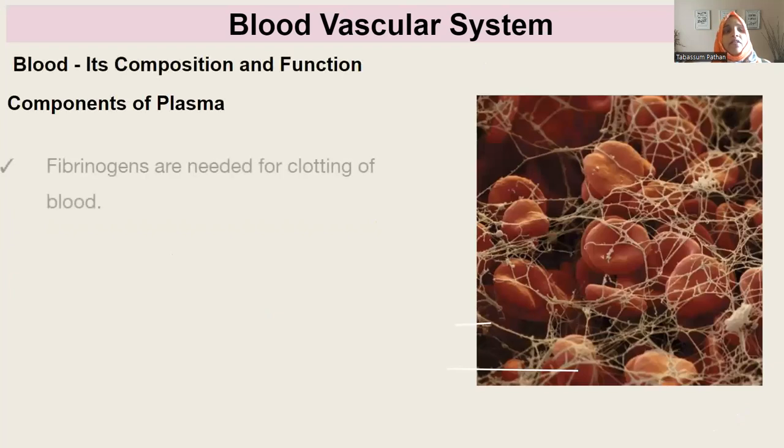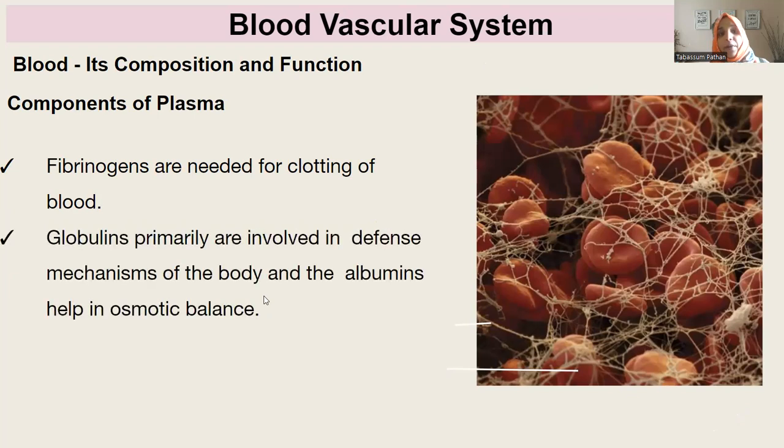Fibrinogens are made for clotting. I just told you, wherever there is an injury or a wound, after bleeding the blood needs to stop flowing. The bleeding has to stop in a short time, so clotting of the blood needs to happen. Fibrinogen is required for that purpose. Then globulins, I told you, are immune proteins.